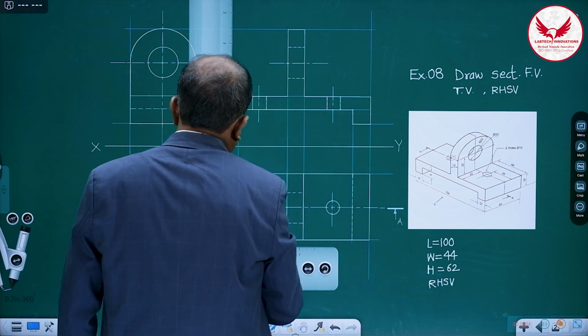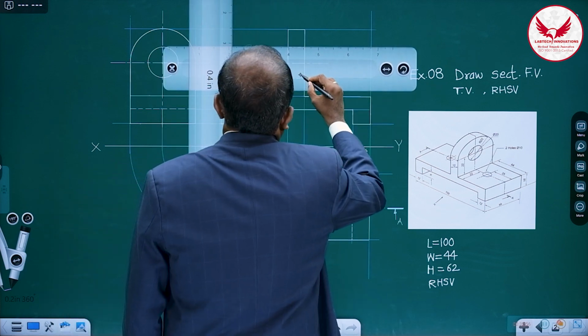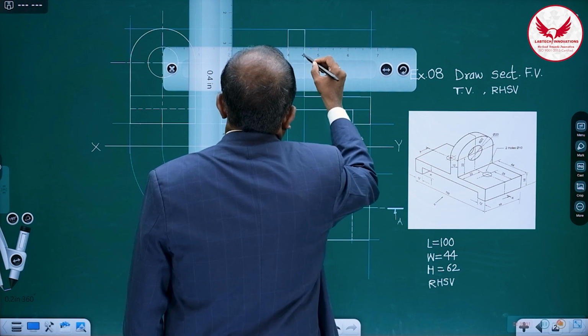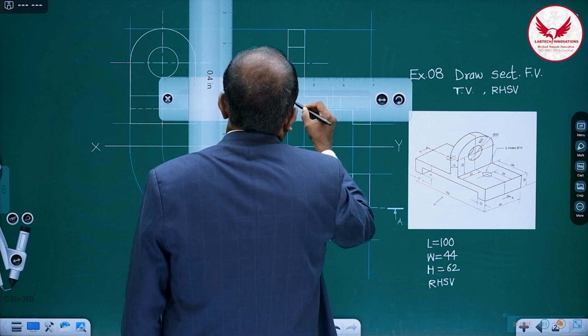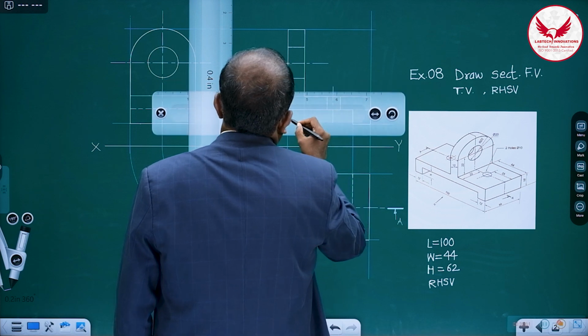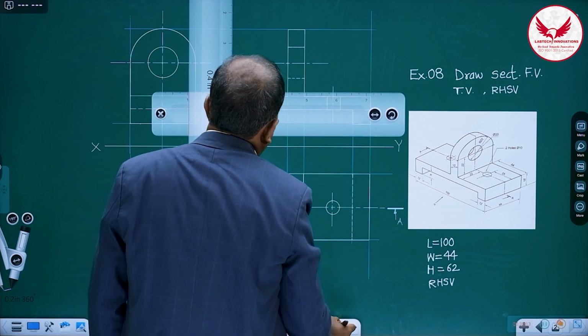Dotted line will be converted into dark line here also.